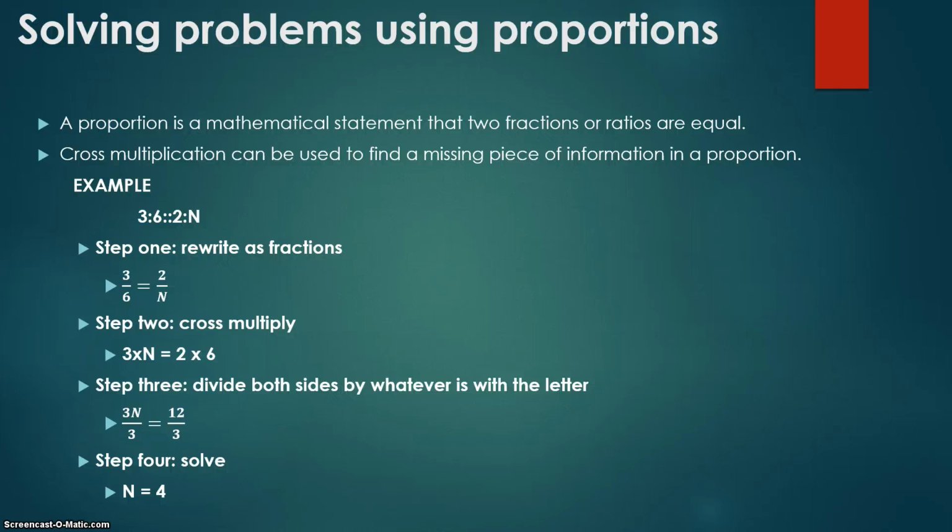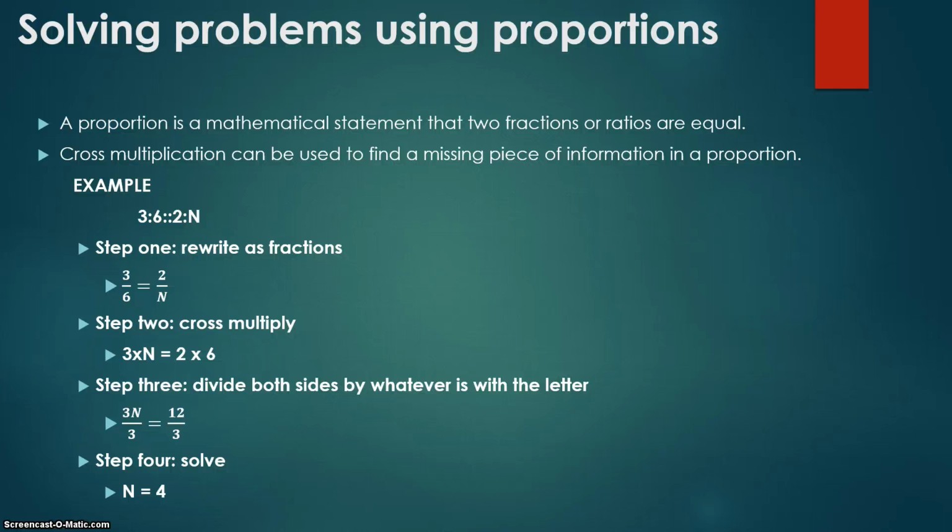So, the best way to start off is to work your way through plenty of examples in order to understand the setup and the process of solving these problems using a proportion. So, example, you have a problem that states 3 colon 6, and the 4 colons you can consider as an equal sign, and 2 colon n.